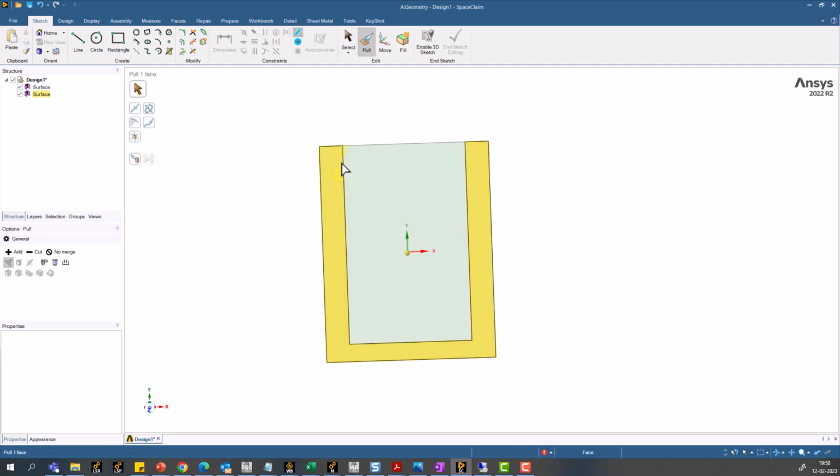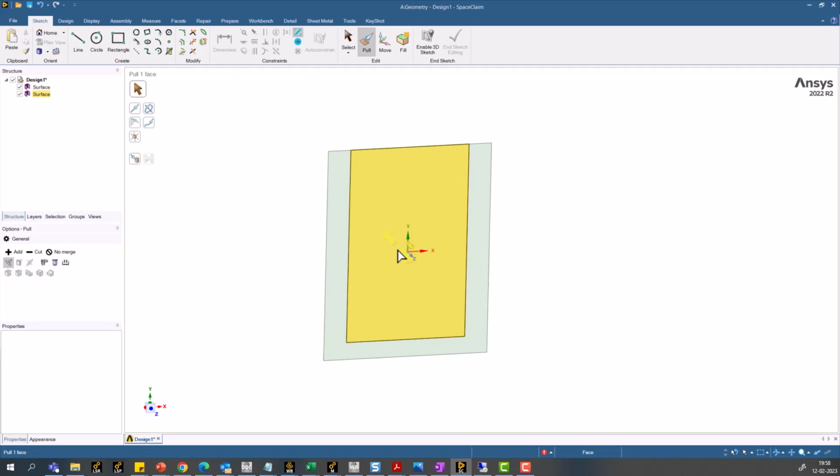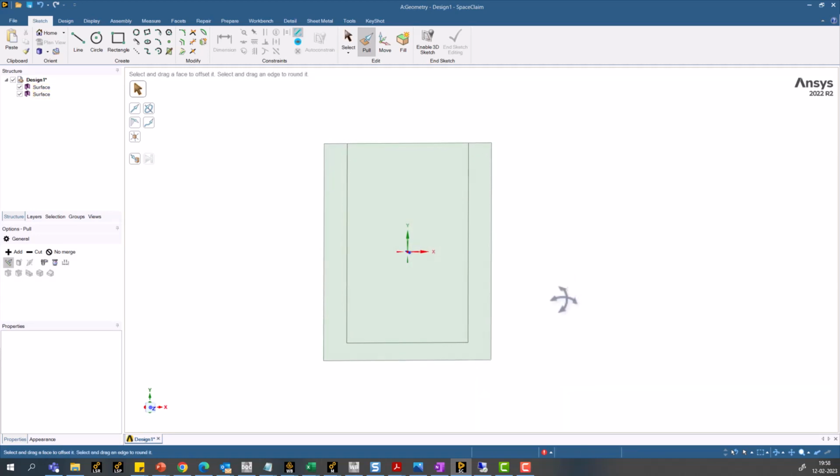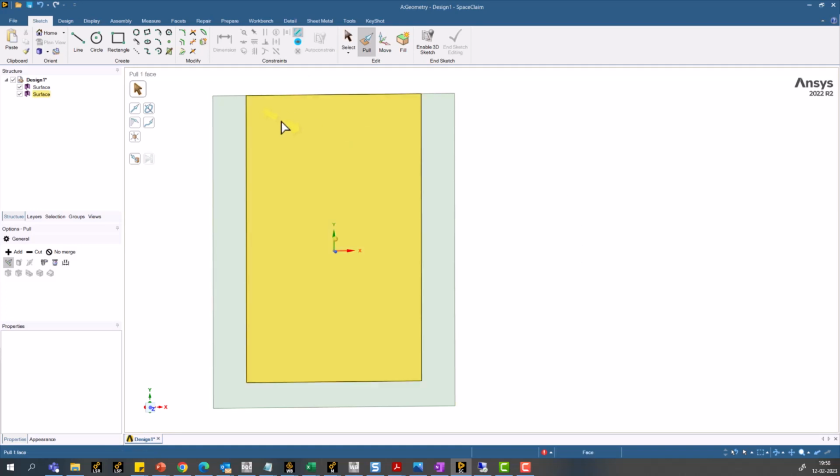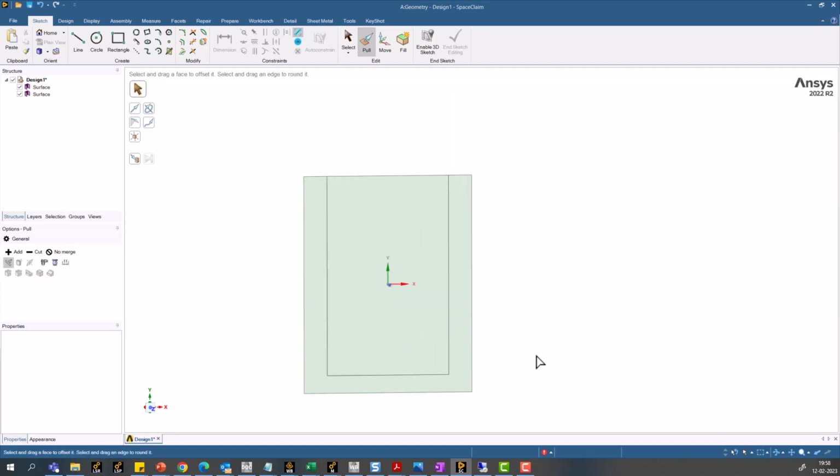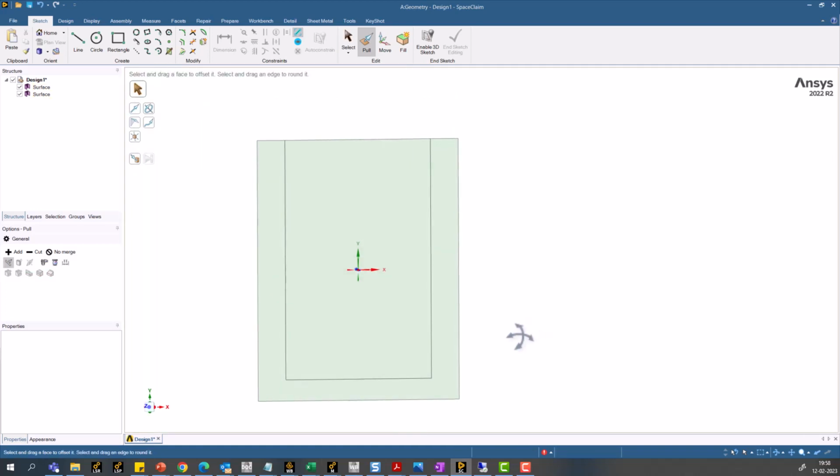Here you can see I have created two bodies. One body represents the socket, and the other is the plane where we are actually trying to deform the body. So it is the deformable body, and this is the rigid body. I hope this part is clear, like how to create the geometry for plane stress modeling. So let me close this one.